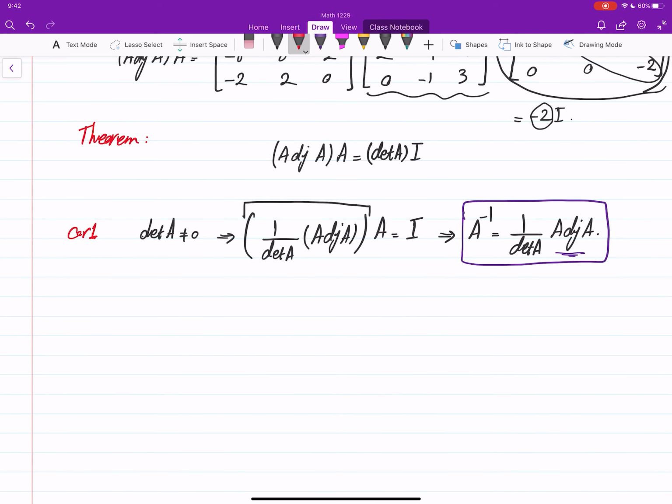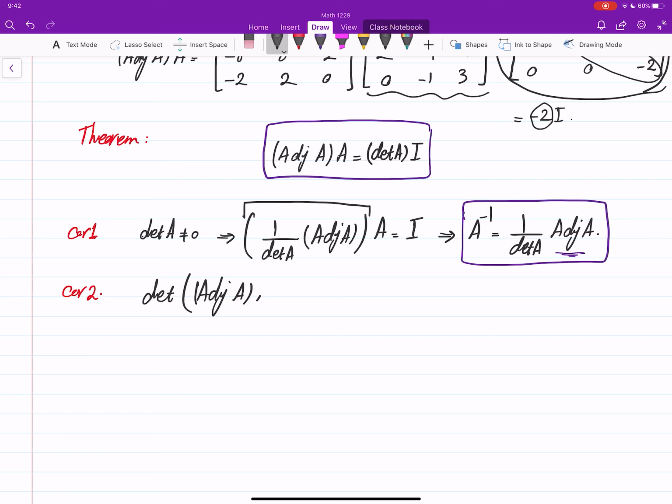Then the second property, that is the second corollary of this thing, is that, well, if this is true, which is true, so let me put this one in the box. If that's true, you take the determinant of both sides. So the determinant of adjoint of A times A equals the determinant of, well, determinant of A is just a constant multiplied to the identity.